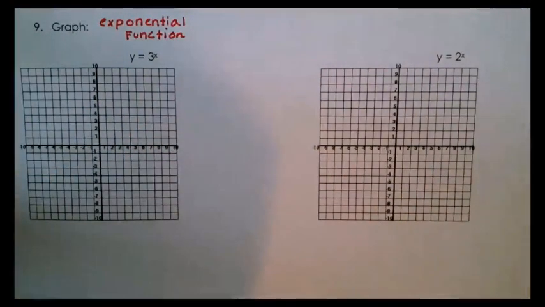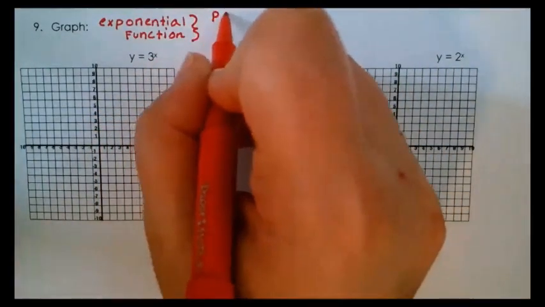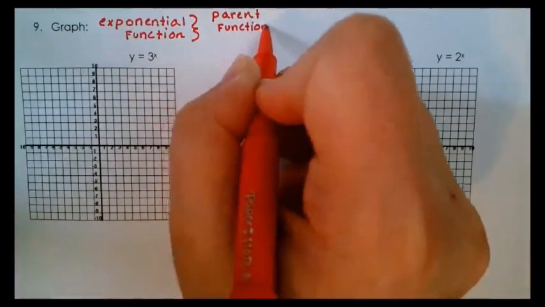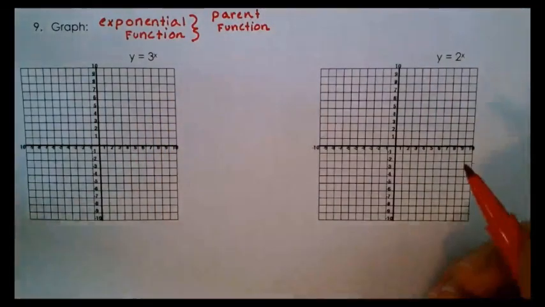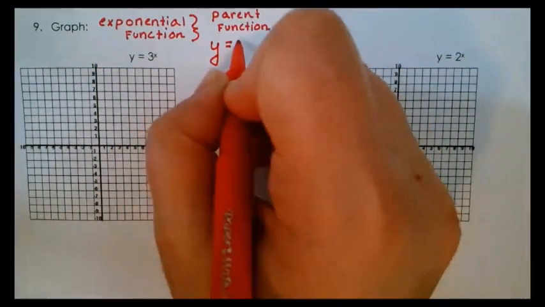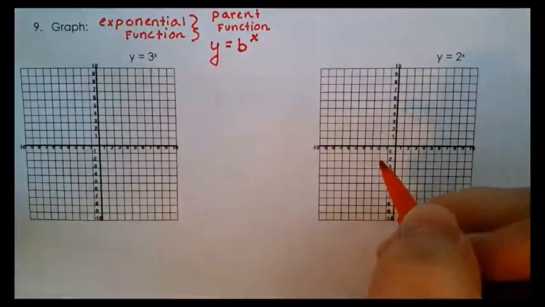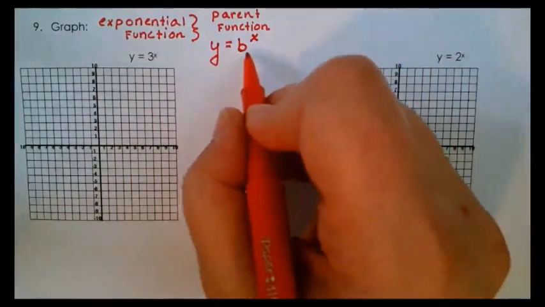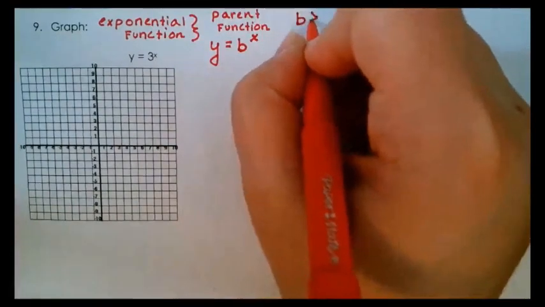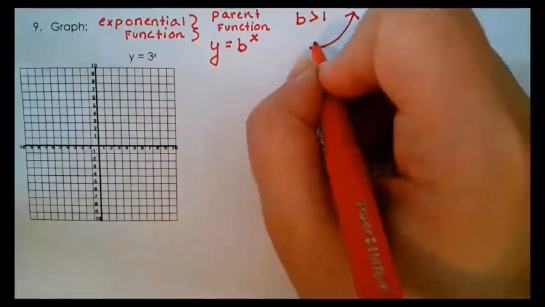Now, most of your exponential functions are going to follow the parent function. The parent function is the basic exponential function that we have to learn about. Now, I want you to think about the parent function as y equals lowercase b, for base, to the x term. If your b value, your base, is larger than 1, if b is greater than 1, your parent function is going to look like this.